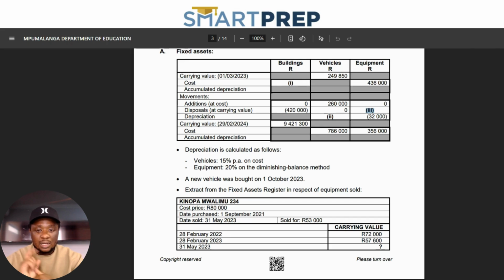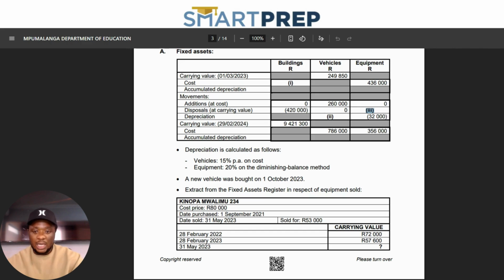The method that we use to calculate depreciation for equipment is the diminishing balance method, which basically takes the carrying value, you multiply by the rate, and then you multiply by the apportionment of the months that the item was in the business in the current year.